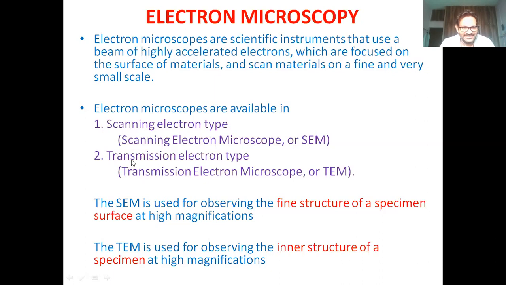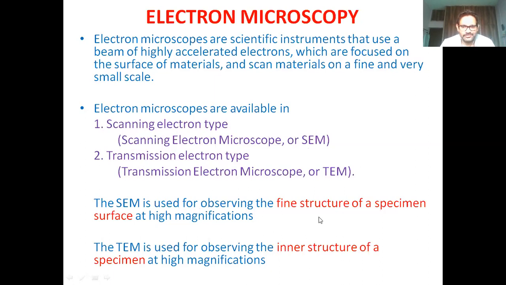The second one is the transmission electron type. The transmission electrons are used to observe the objects, so we call it a transmission electron microscope, popularly called TEM. So what is the use of a SEM?